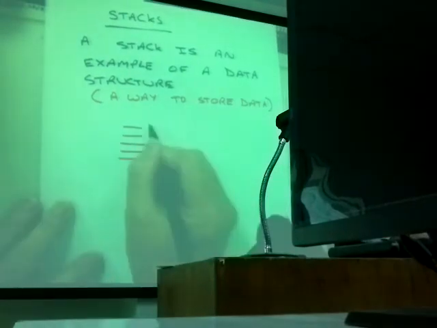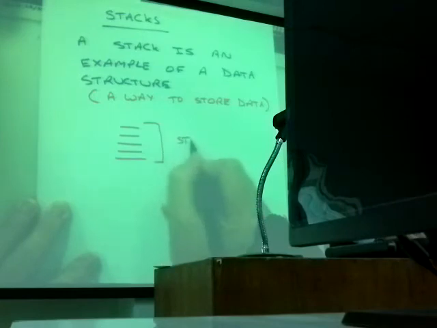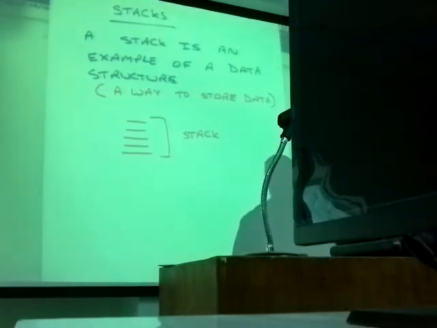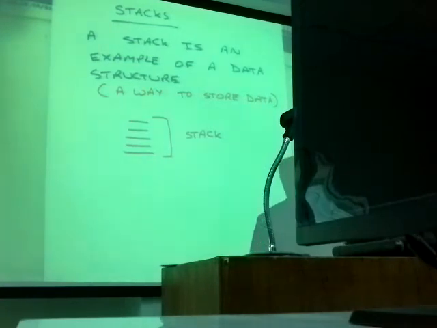So in English, we use the word stack very commonly.